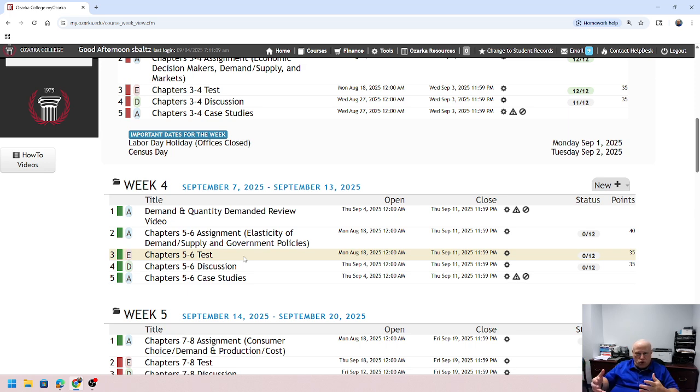We know that there's an inverse relationship between price and quantity demanded. That's what we learned with the law of demand in chapter 4. Also on the supply side, we know that quantity supplied is positively or directly related to price. So as price increases, quantity supplied increases. But we haven't really looked at yet how much they're going to change. We know in what direction they're going to change, but we haven't really looked at how much they'll change.